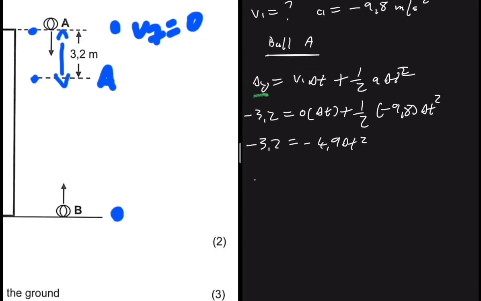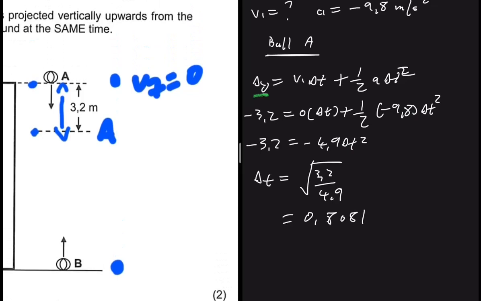If we make delta t the subject of the formula, we're going to get 3.2 divided by 4.9. We know that minus and minus are going to cancel out, right? And our time will be 0.8. So we have 0.8081.